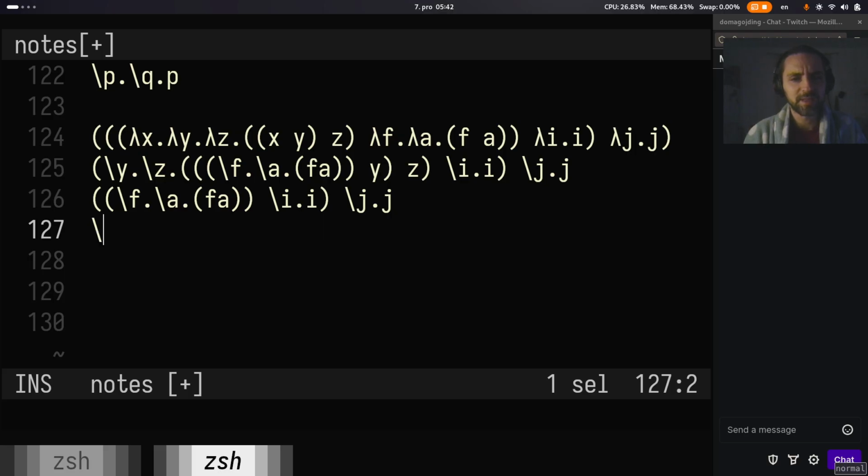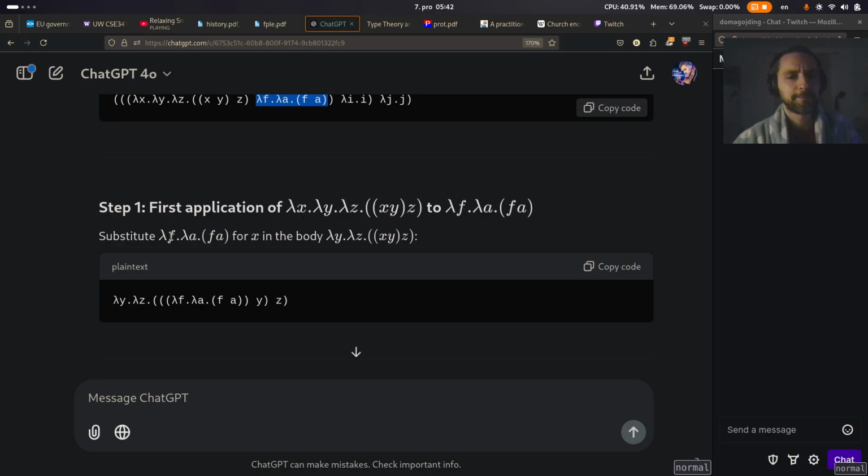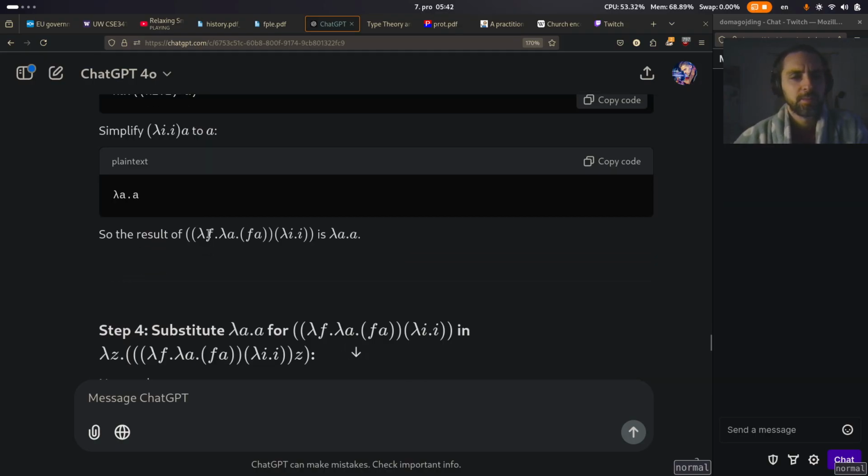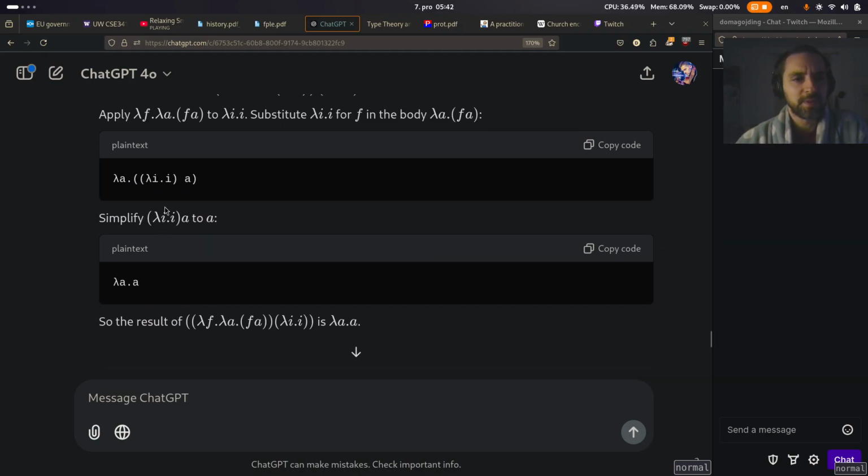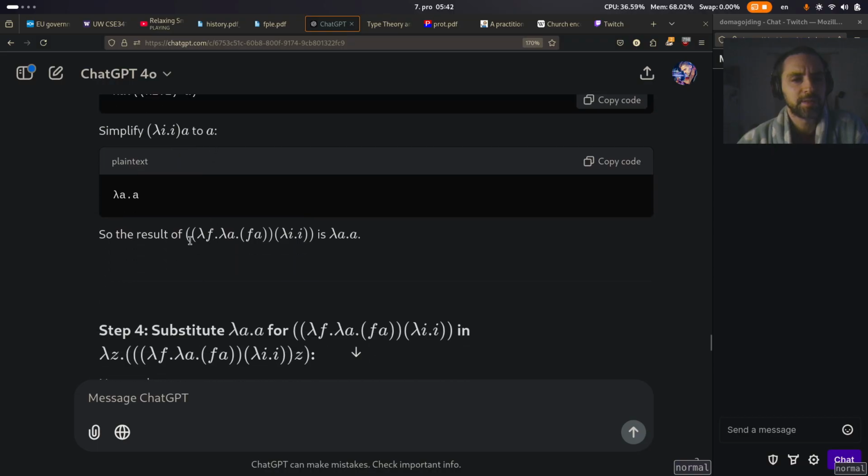We get the lambda I and lambda j. Yes, we're just going to get lambda I dot I being applied to lambda j dot j. Probably going to have the same thing. Lambda a. Simplify lambda I a to a. Lambda I. Lambda a.